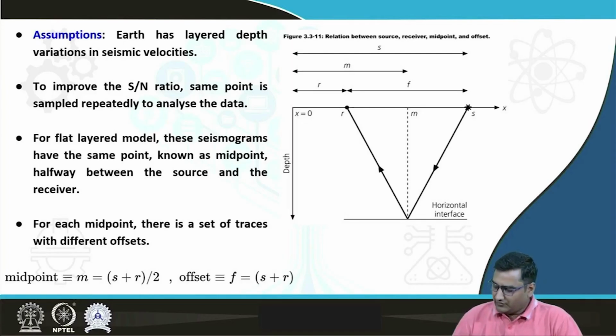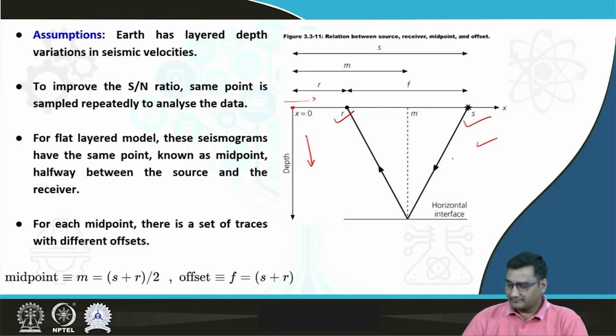If you look at this diagram, here is the receiver position, this is the source position, and if we consider this as the origin where x is equal to 0 and the depth is increasing downward, here you have the x, and the receiver is r distance away and the source is f plus r distance away from the origin, and this is your horizontal interface.